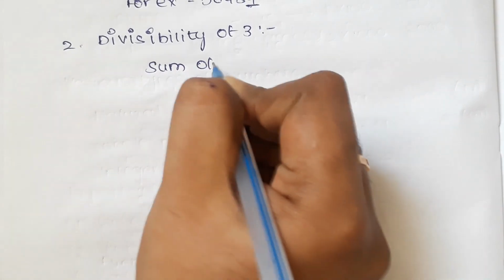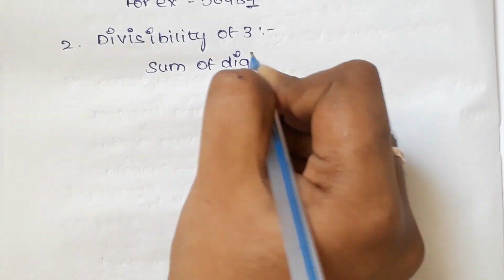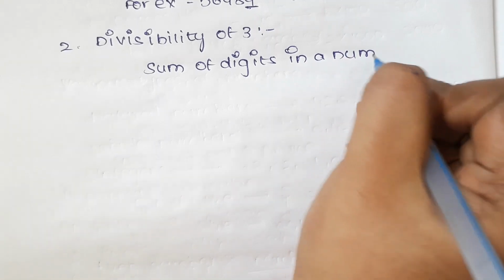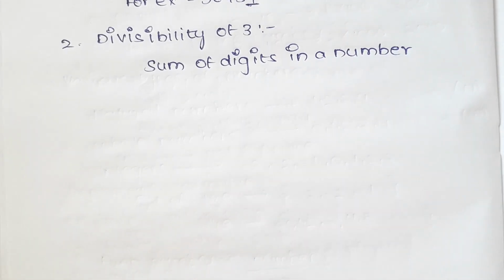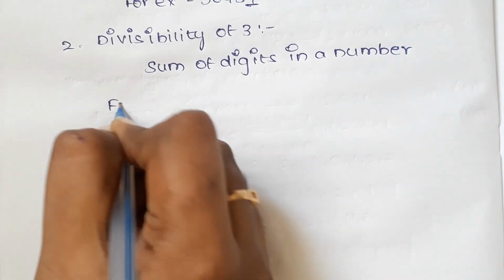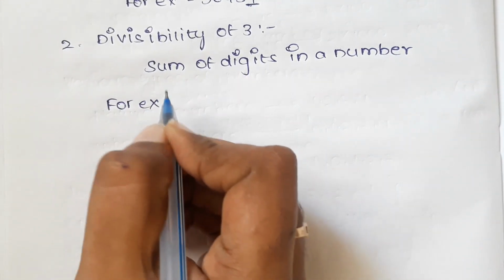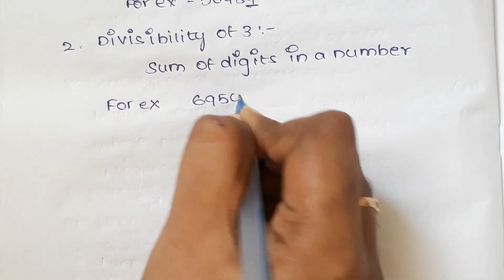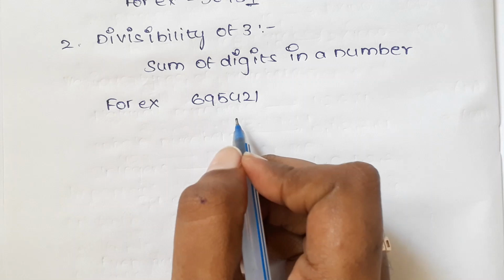If the sum of digits in a given number is divisible by 3, then the number will be divisible by 3. Suppose, for example, let us see 695421. It is the given number.